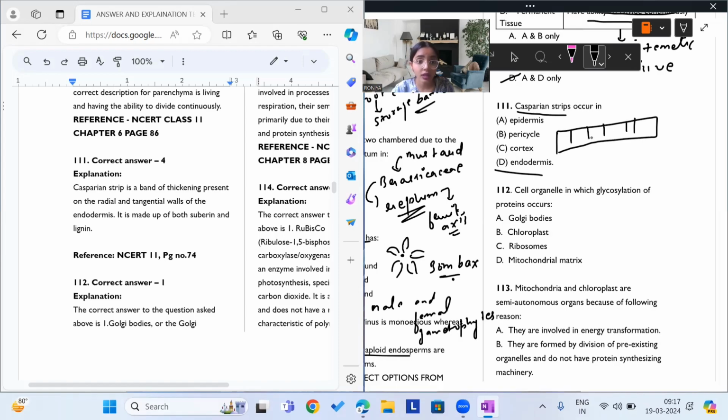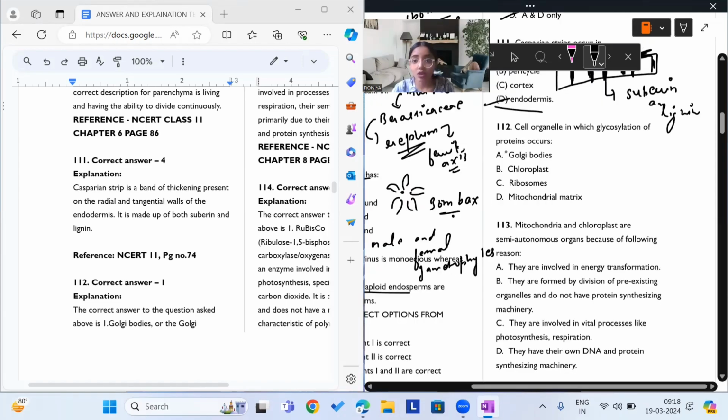They are thickenings present on the radial and tangential walls, and these thickenings are known as Casparian strips. These thickenings have suberin and lignin in them. Understood? So the answer is the fourth option.